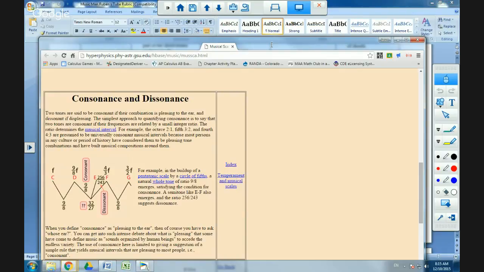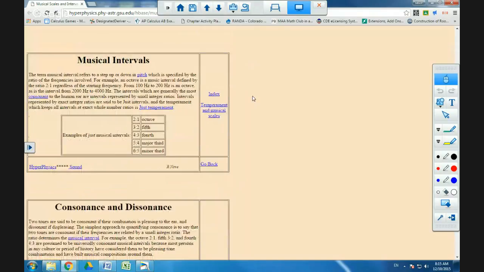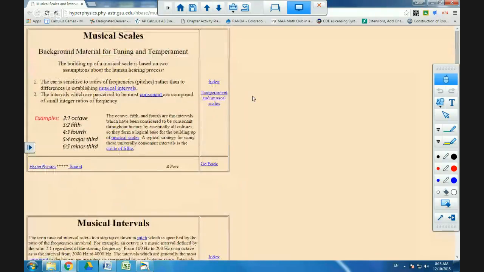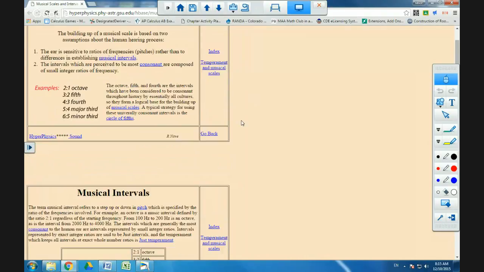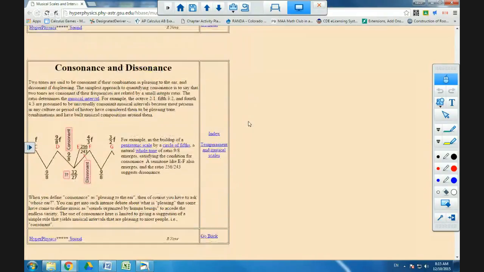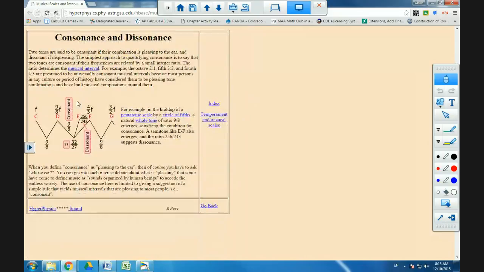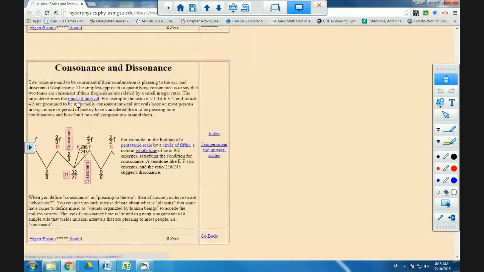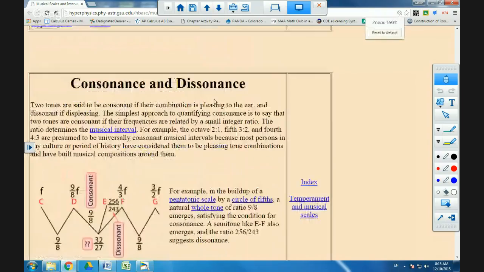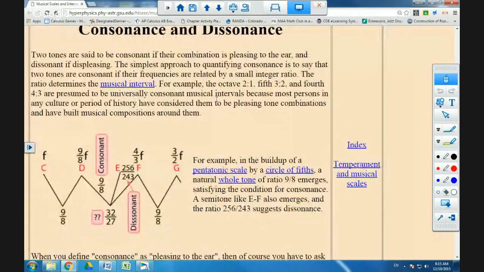I don't know if I posted this website or not, but this is a decent explanation of this concept that I've shown you here. They use ratios instead of fractions. I prefer fractions because I'm a math guy, but this paragraph here is a good explanation of consonance and dissonance.